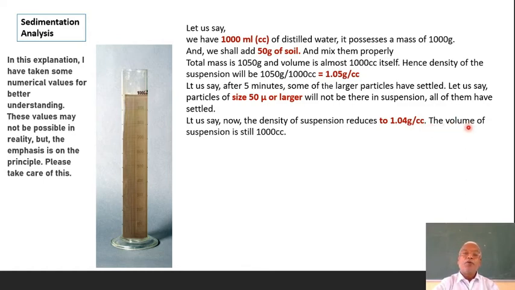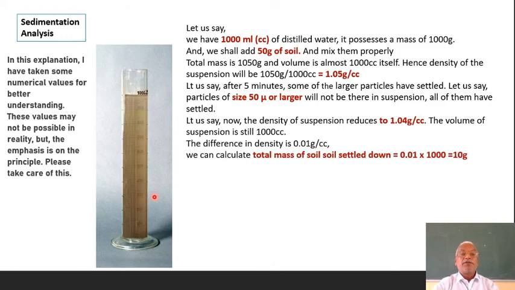Now the volume of suspension is still 1000 cc and the density is 1.04 grams per cc. What would be the total mass of this? Total mass will be 1040 grams, because 1.04 multiplied by 1000 is 1040 grams.